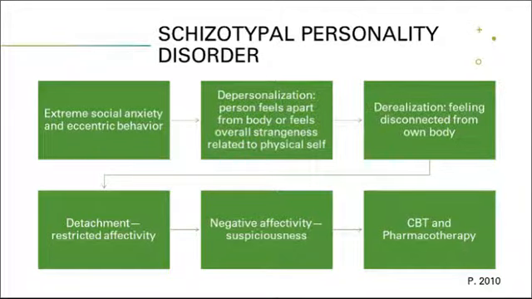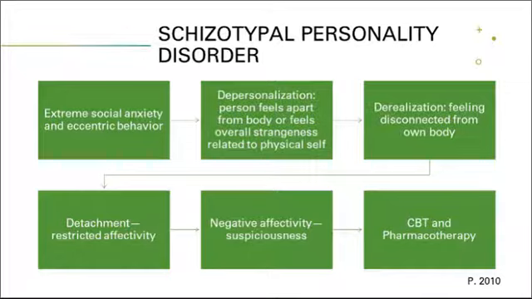Schizotypal personality disorder, page 2010. It's different from schizophrenia. Schizophrenia is more severe. Some people with schizotypal can progress to schizophrenia. Extreme social anxiety, eccentric behavior, depersonalization: they don't feel like they're part of the body and they feel disconnected.